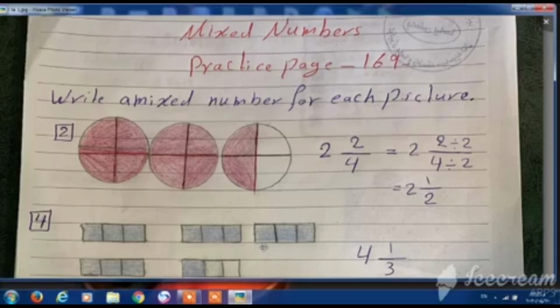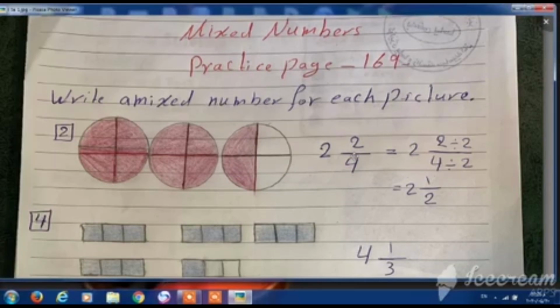The question is: write a mixed number for each picture. How many pictures do I have? I have 3. 2 of them are whole, so I write 2, and 1 of them is a fraction. So how many parts do we have? 2 out of 4, because 2 parts of them are colored, so 1, 2, 2 out of 4.